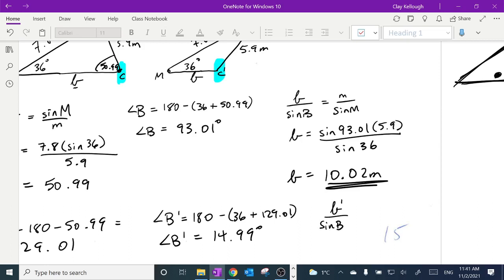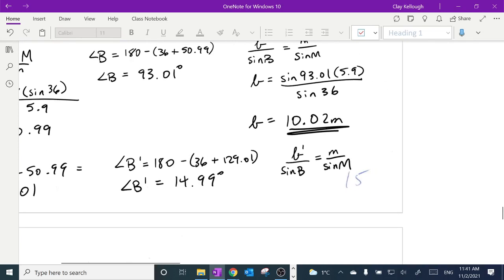I'm running out of room a little bit here. Notice M isn't any different in this example, so sine of B, that's the sine of the 14.99 I just found, times side M, which is 5.9, all over the sine of 36.